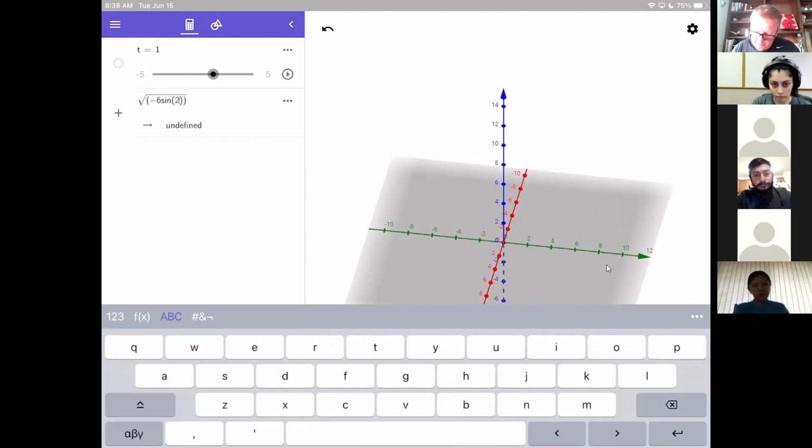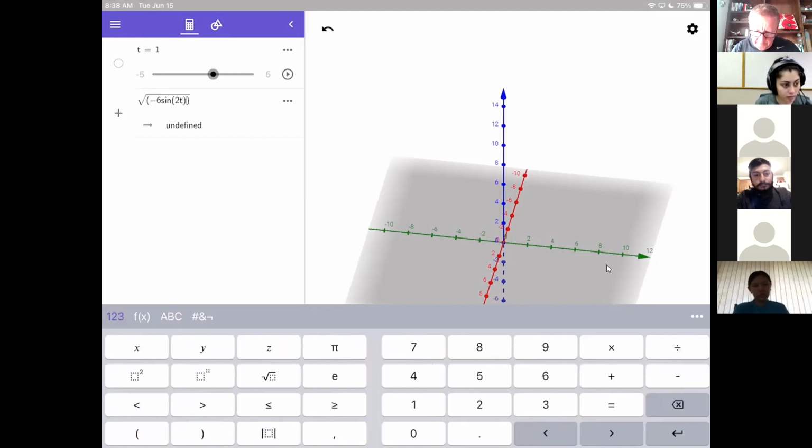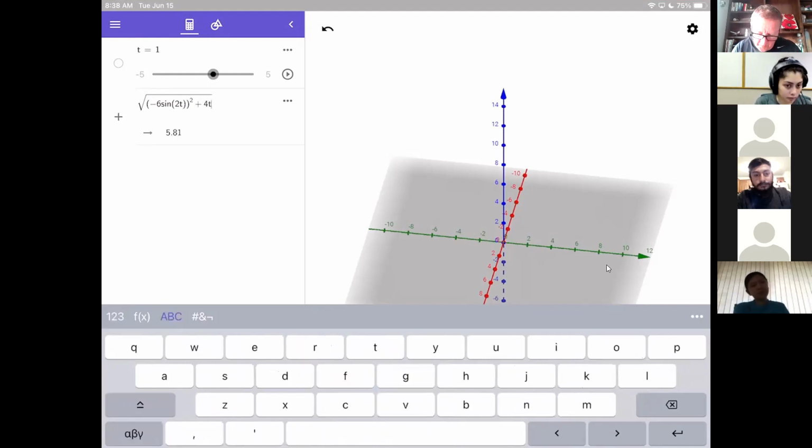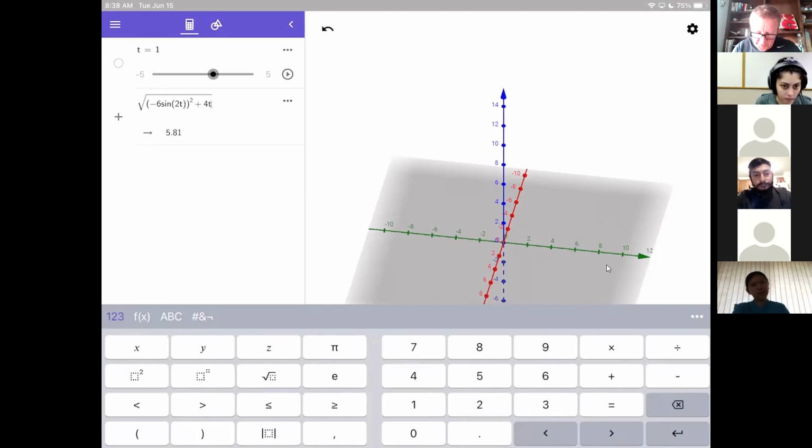And then I need the value for t. And then I need to close that parenthesis and then close it again and square it. And then it gets a little easier. Plus 2t squared, which will really be 4t squared, save a little bit of time. And then plus 3 squared, which was 9.